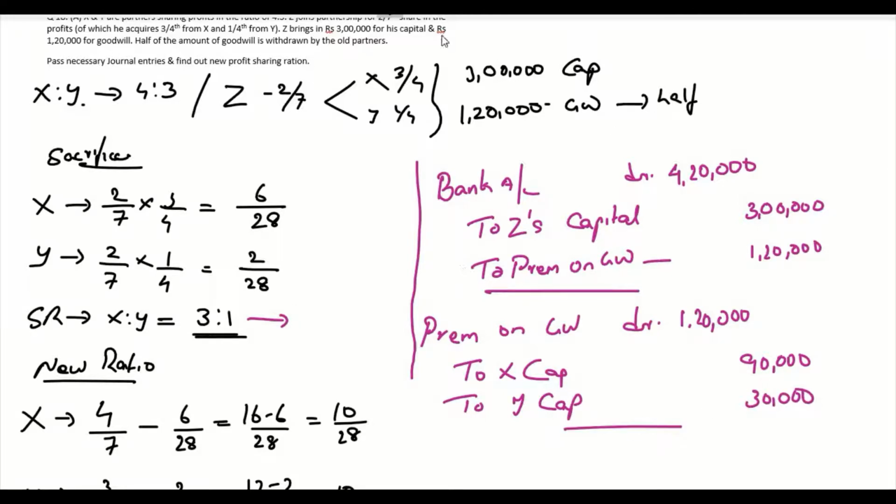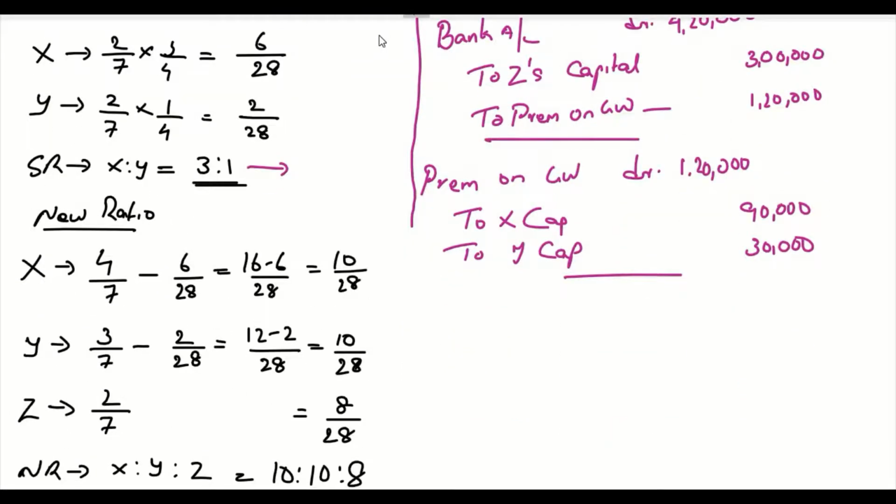The question also says half of the goodwill is withdrawn. So now, what's the journal entry for that? Okay, it's going to be X's capital account debit, Y's capital account debit.